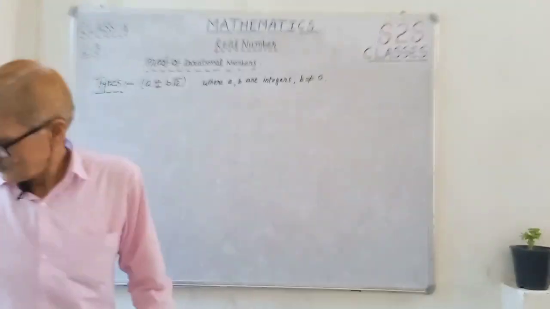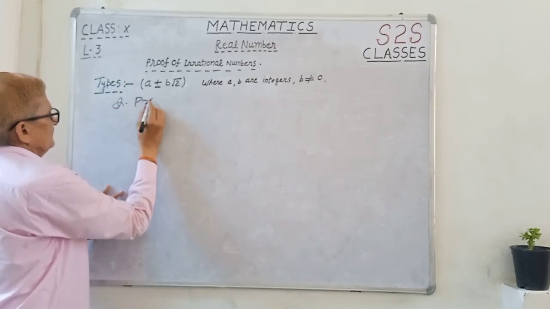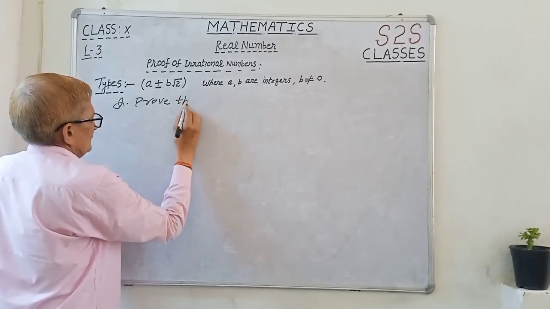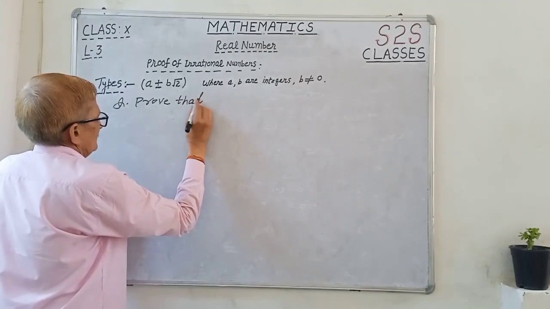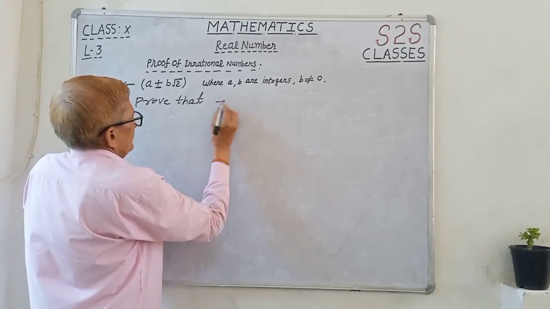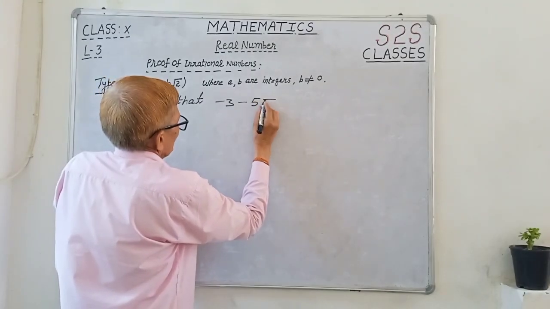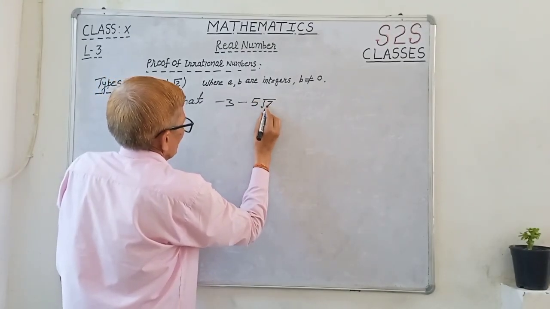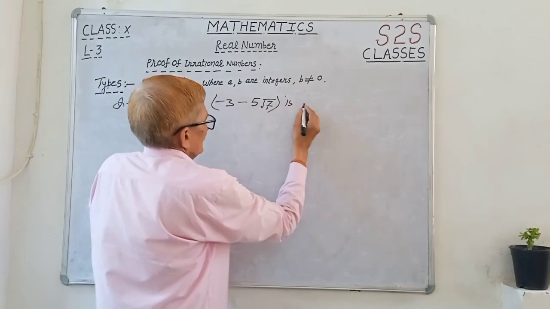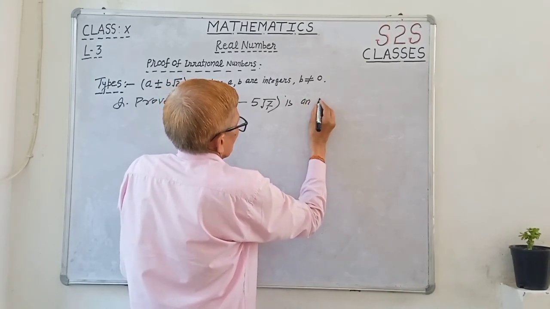Prove that minus 3 minus 5 root 7 is an irrational number.